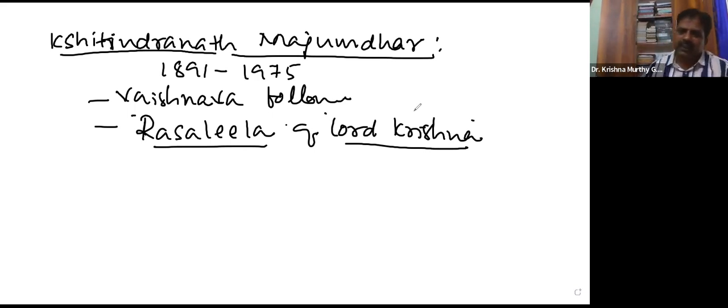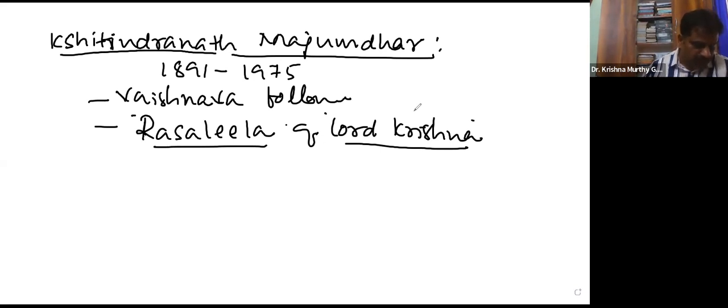If you take any painting of India, Krishna and Radha are richly decorated by most of the painters. Even Kshitindranath Majumdar is also a popular Vaishnava painter in modern Bengal. His popular painting is Rasa Leela of Lord Krishna.